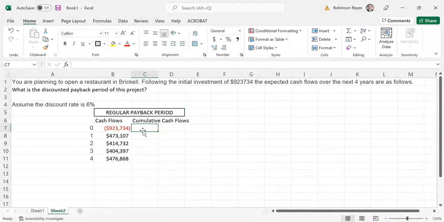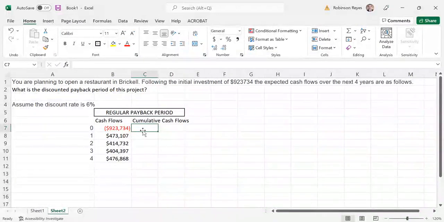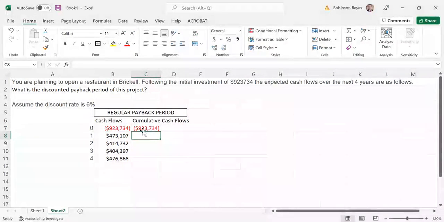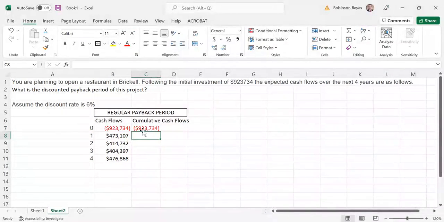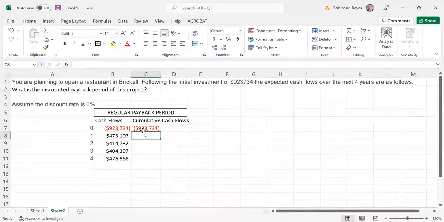First, we create this column that we call cumulative cash flows. In year zero, the cumulative cash flow, the aggregate cash flow we have invested so far, when we combine the inflows and the outflows, we have a net cash outflow of 923,000.